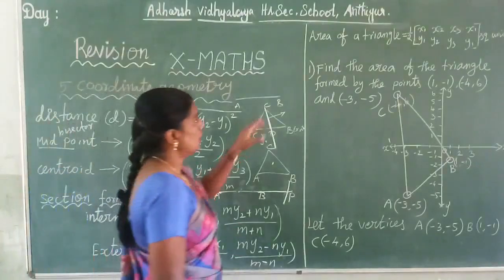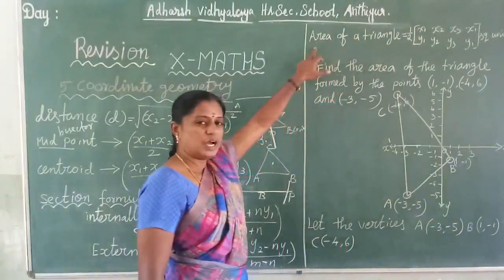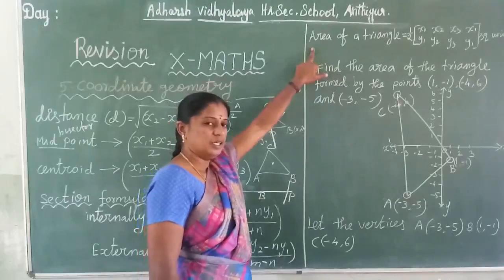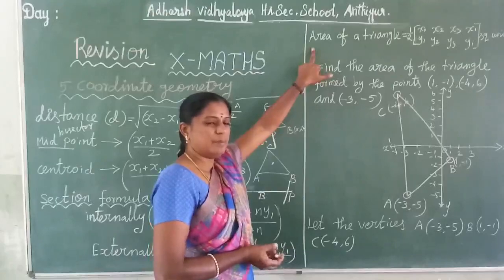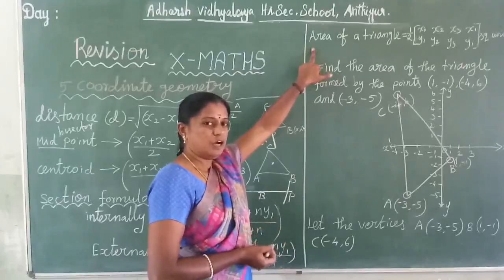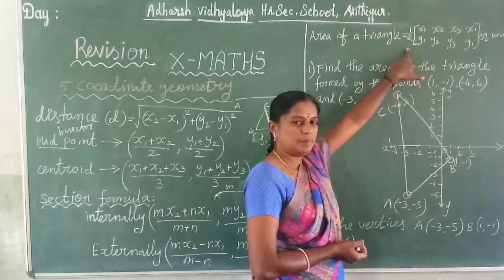Next one, area of triangle. Here 3 points are given. You have to find the area of the triangle. In lower classes we know base and height and apply that formula. But here 3 points are given. How do we find it? First point x1 y1, second point x2 y2, third point x3 y3.